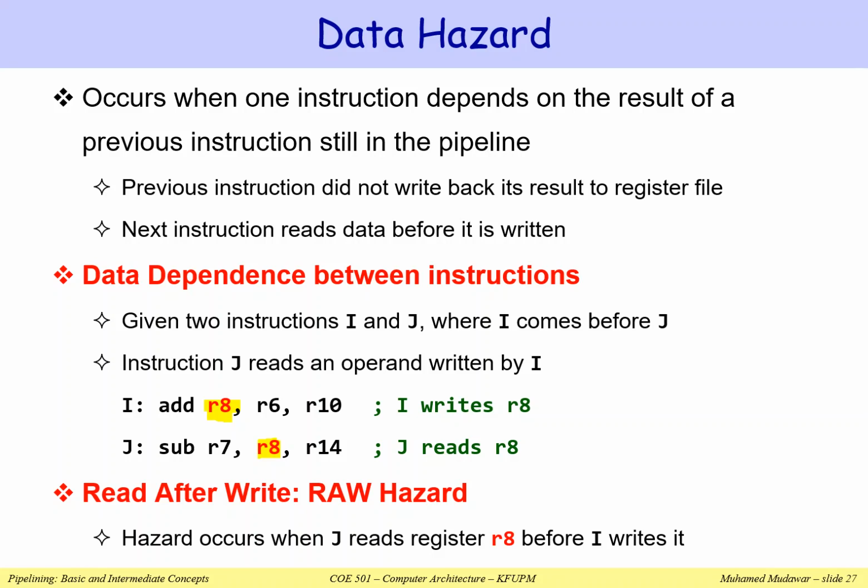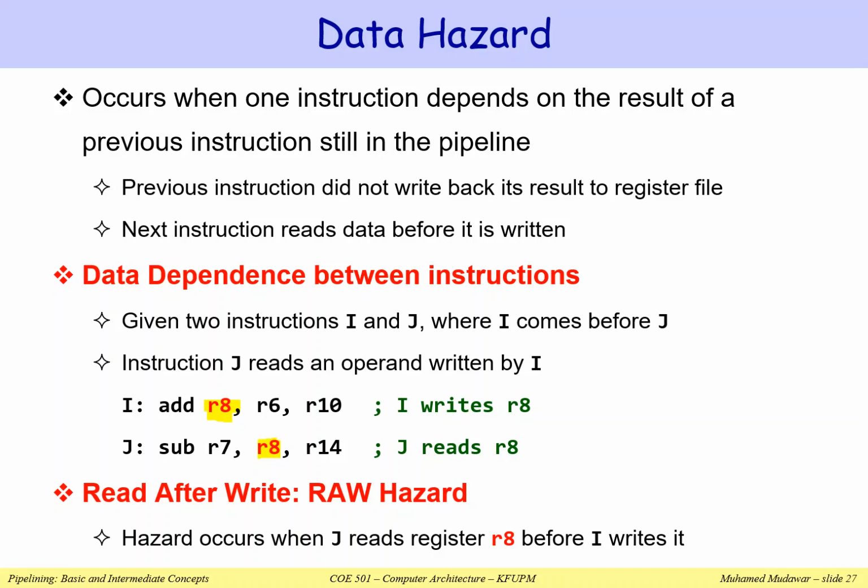So this is called read after write, because instruction J wants to read the value of R8, which is written by instruction I. So this is known as data dependence, and instruction J depends on the result of instruction I. Now, why is it a data hazard? The hazard occurs because of pipelining.